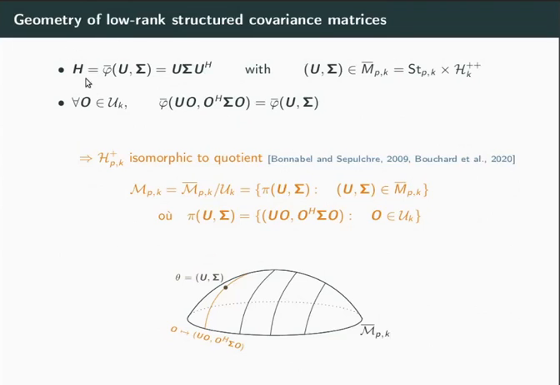So any matrix H of rank K can be decomposed like that, where U is an orthogonal rectangular matrix of dimension P by K, and sigma is a diagonal matrix of size K by K. And in fact, if we do that, the decomposition is non-unique, and we have a problem with permutation matrices.